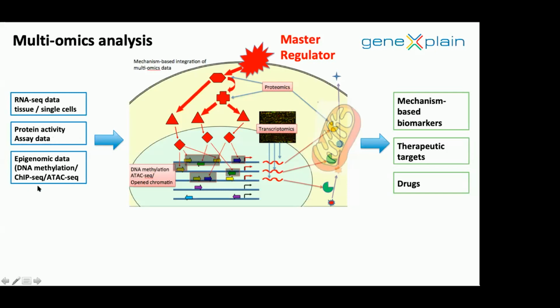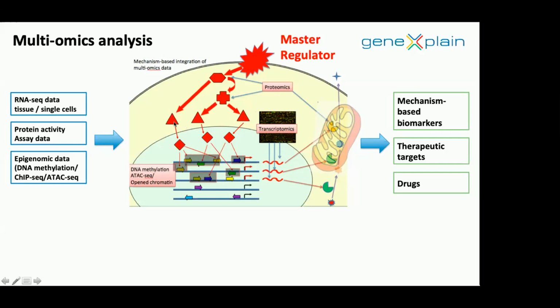And the way the integration is done is based on the logic of searching for master regulators. As you can see from this picture, the list of differentially expressed genes comes from transcriptomics, but then proteomics, if it's done in a similar system or optimally in the same samples, detects which proteins are present or changing their activity or amount in the system.